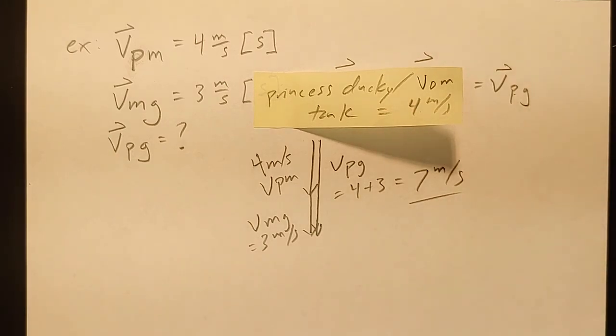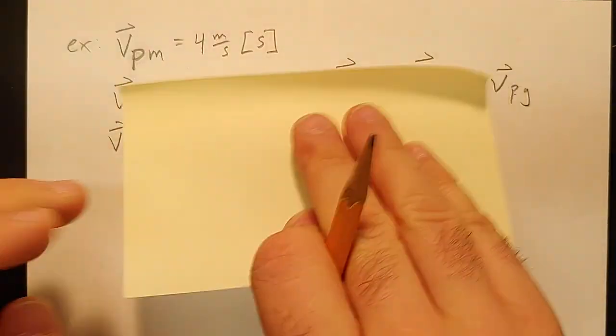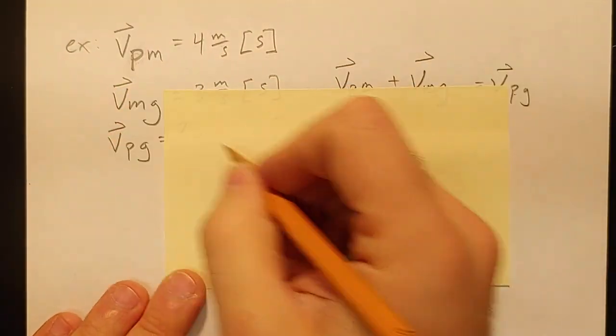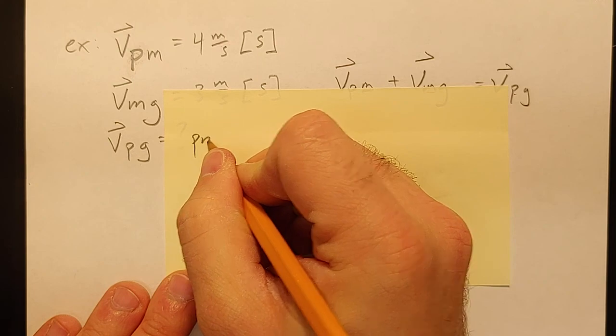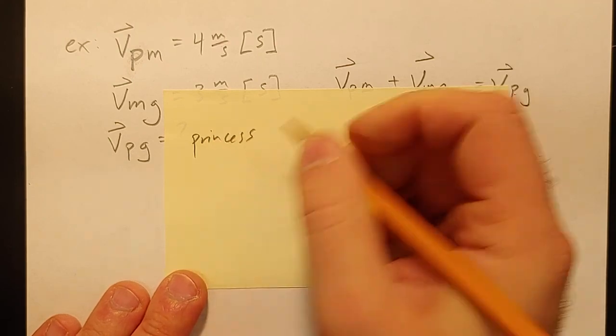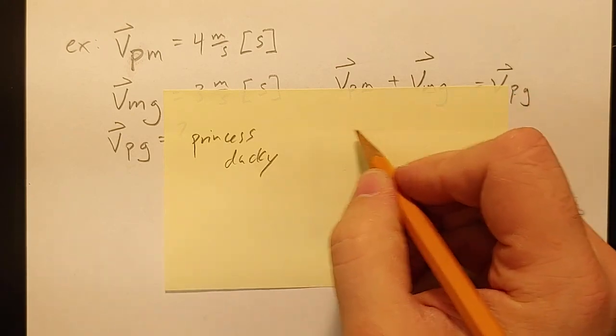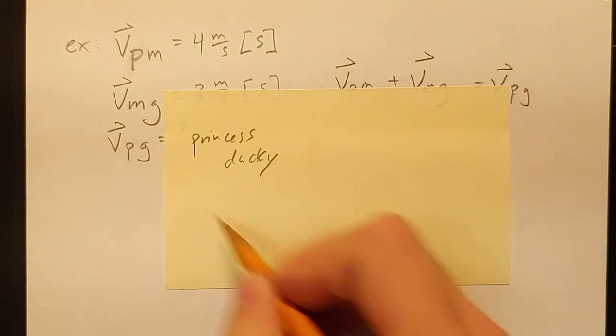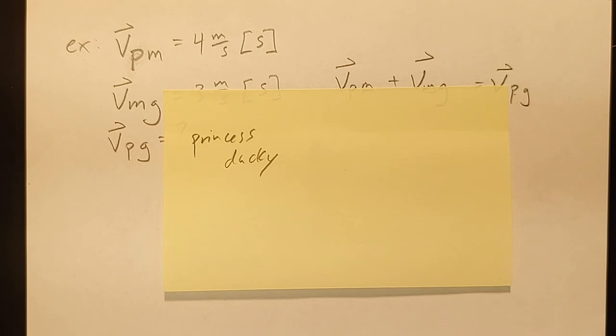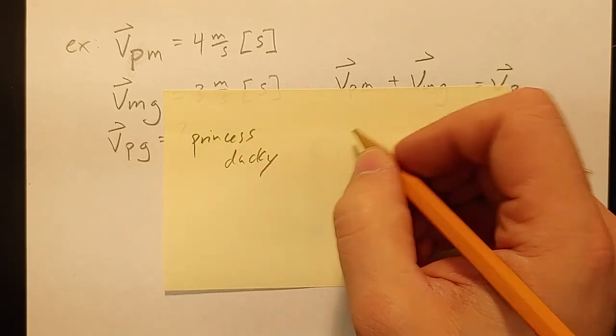Princess Ducky is still going to be moving at, let me post-it note here. Princess Ducky is going to be heading, and you don't have to write down anything on these post-its. This is just so you know what you're making your predictions based on.